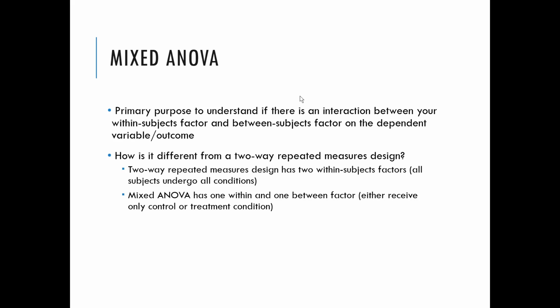So everybody is undergoing all conditions, and so we have only within subjects factors. The mixed ANOVA has one within and one between factor. For example, maybe we measure all subjects over time, but only some subjects receive the control and only some subjects receive the treatment.